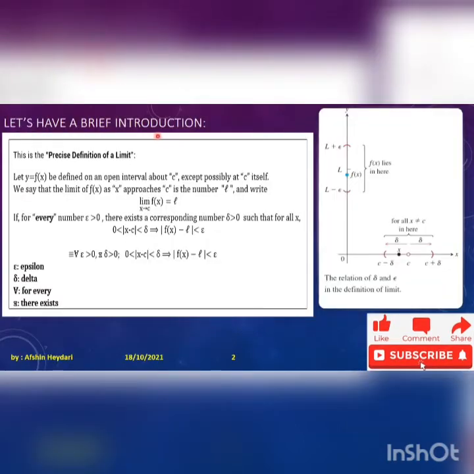Let's have a brief introduction. This is the precise definition of a limit.